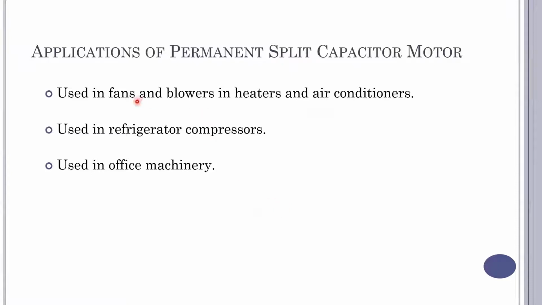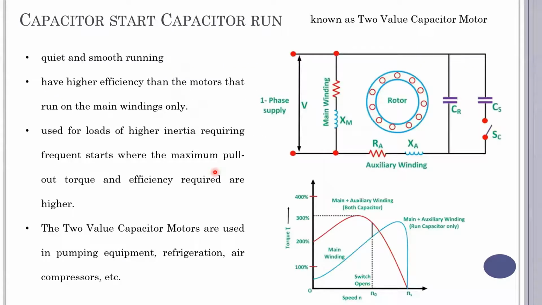And the applications are what we see in our day-to-day life. The fans at our residential houses use this type of induction motor, blowers in heaters and air conditioners, and then the refrigerator compressors and the office machinery, they all use this permanent split type or capacitor run induction motor.